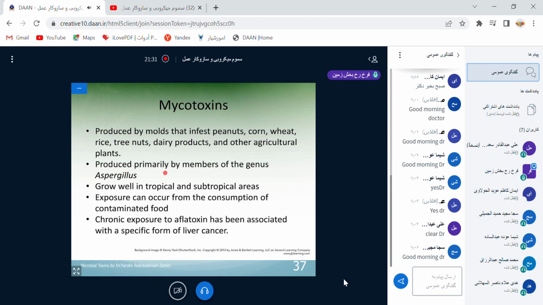Mycotoxins are produced primarily by members of the genus Aspergillus. Aspergillus is not the only fungus with the ability to produce mycotoxins, but it is a typical fungus which can produce some types of toxins.